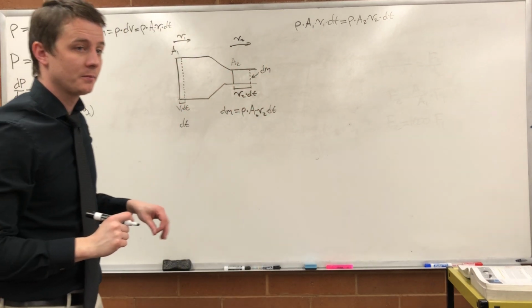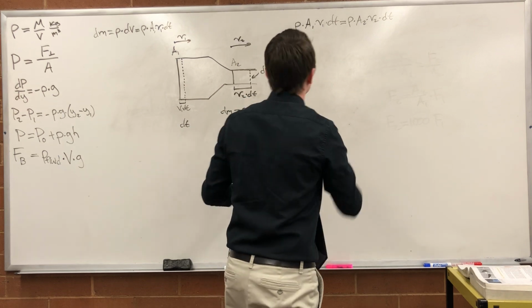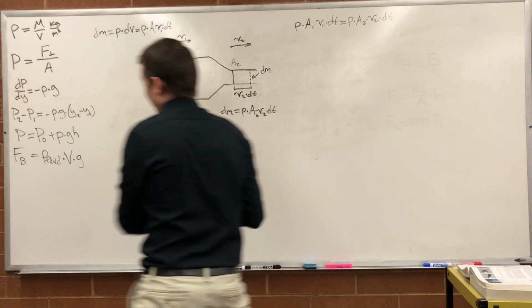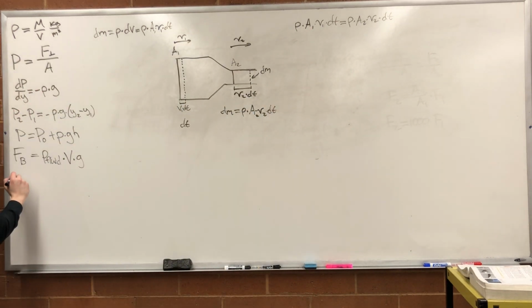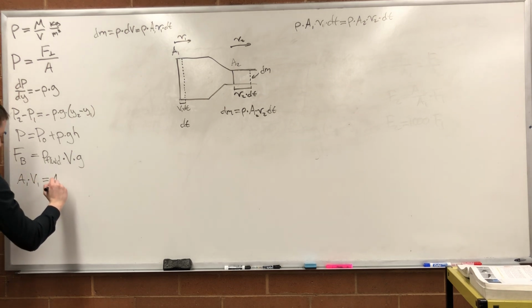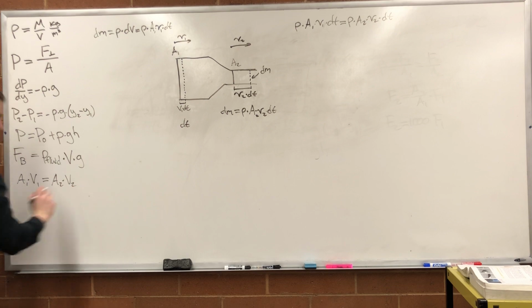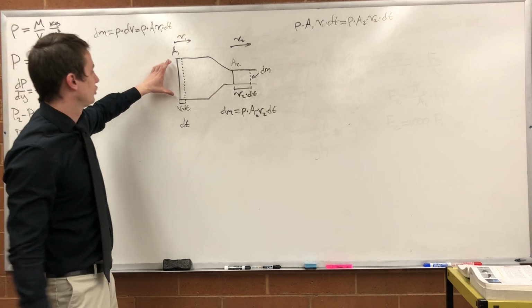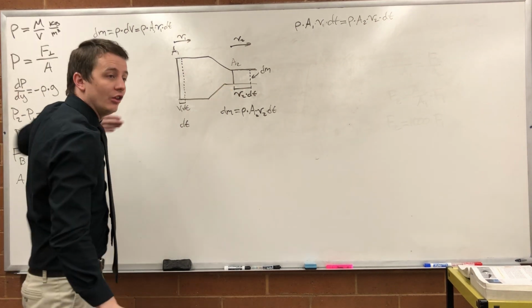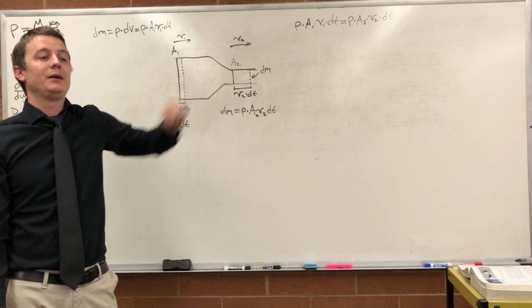So you cancel out your rho's and your dt's. Perfect. And we get our next equation that we care about, which is that A1 times v1 is equal to A2 times v2. As the cross-sectional area in a pipe goes down, the speed at which the water goes through the pipe increases.